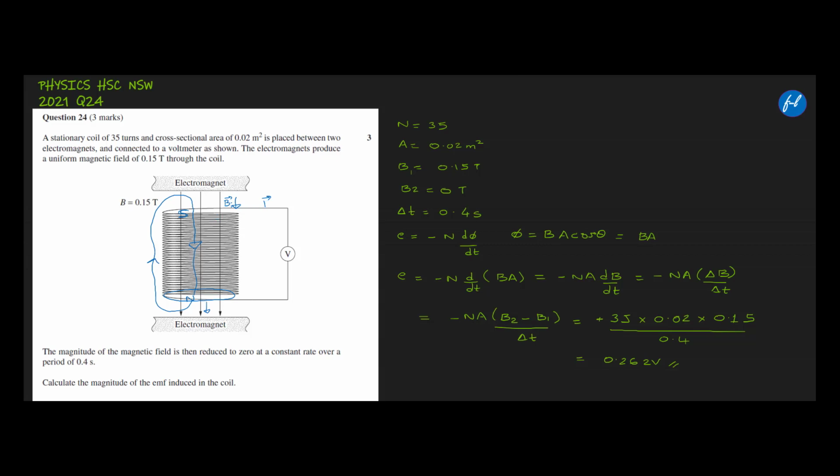With the south pole, if you look from the top to the bottom, looking into the coil from the top, the current will flow clockwise. So if it is clockwise, the direction of the current will be like this. And over here, since it is a north pole, it will be anti-clockwise.